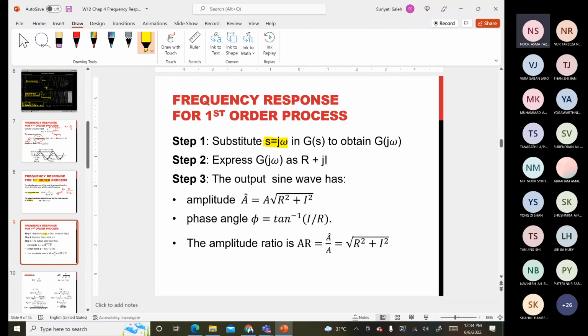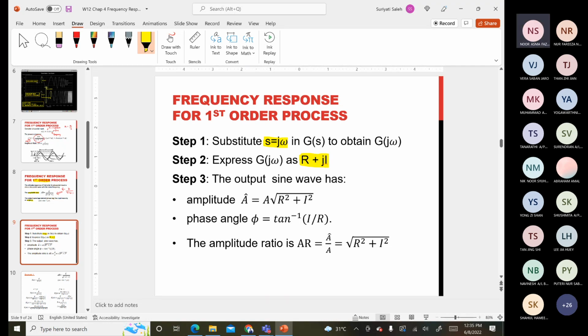And then once you substitute S equal to JW, we express the equation as R plus JI, where R is only the coefficient, the variable for frequency, J is the complex number, and I is the inverse. So based on this, we know that the output sine wave has the following amplitude.